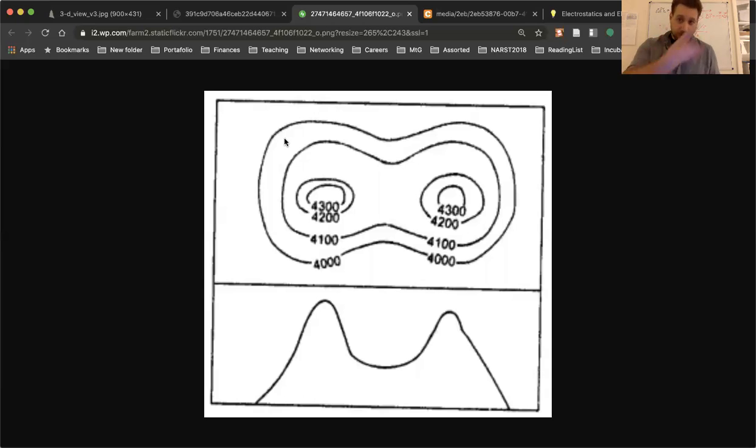These are curves, contours of equal potential. We could call them equipotential lines.